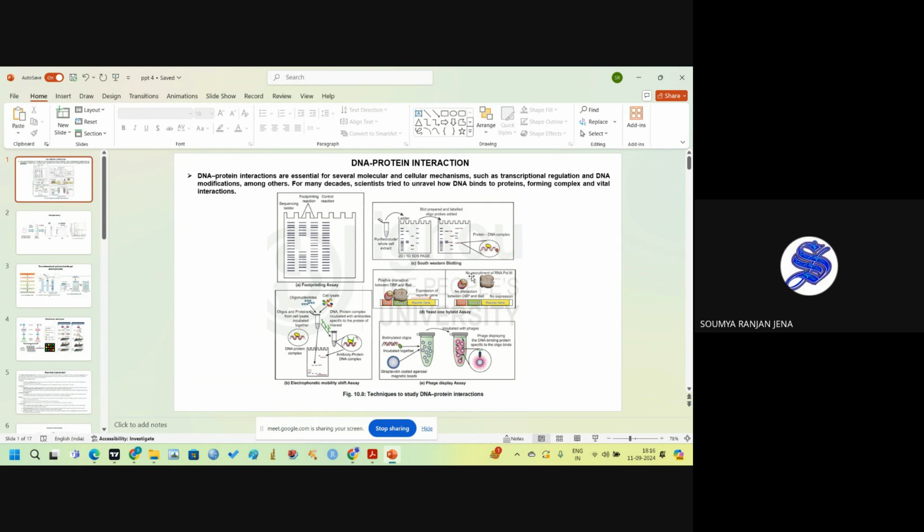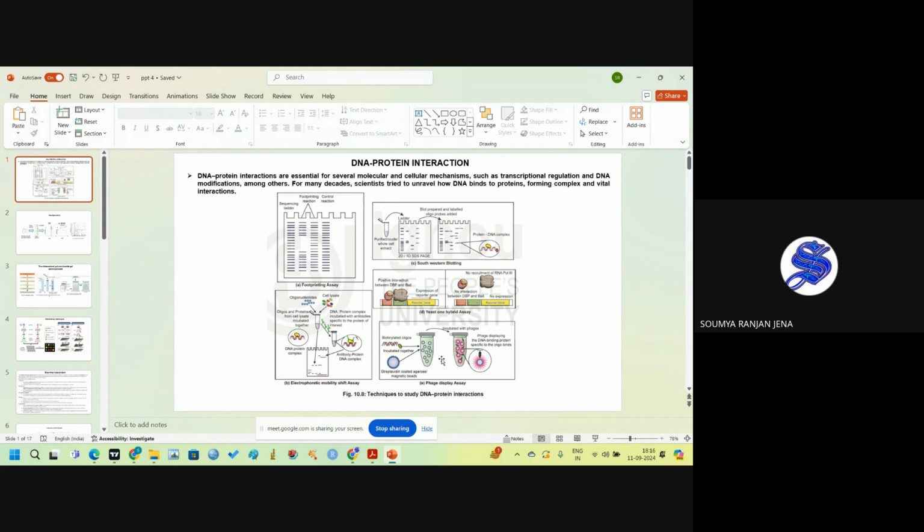But if the bait and prey do not interact with each other, then there is no expression of the reporter genes. So you will find whether it is the appropriate transcription factor for this DNA or not. This is the DNA protein interaction part, and the last one is phage display.